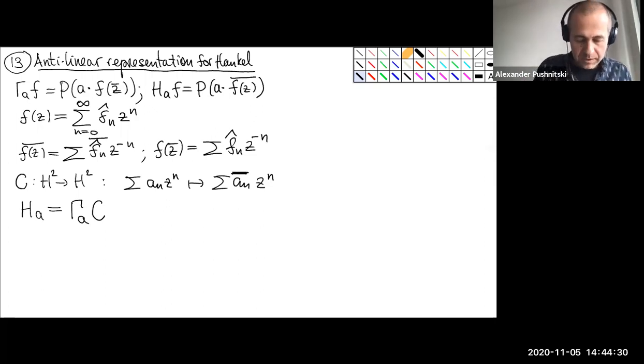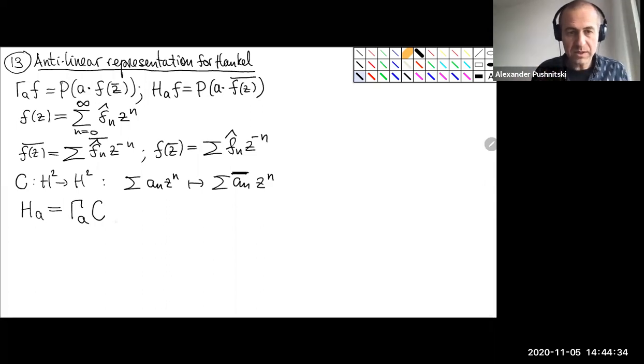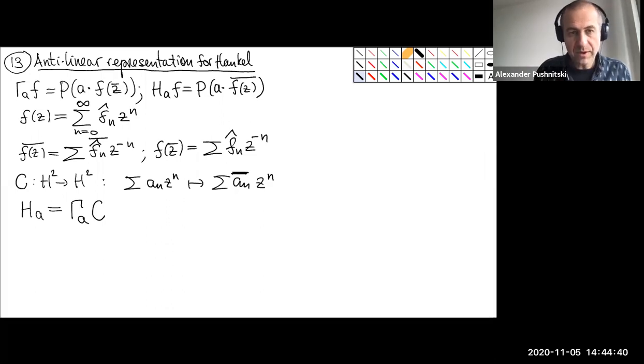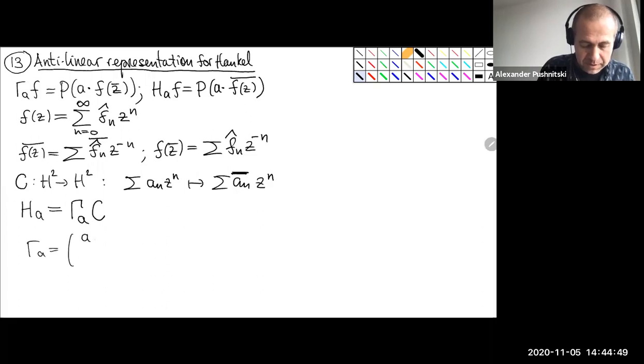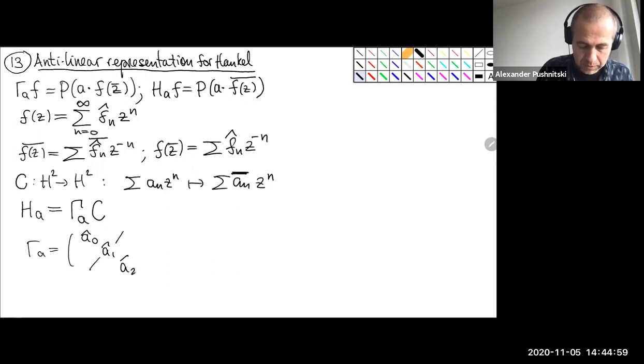Now it is easy to see. Now I will try to explain why it is convenient to use this antilinear representation. But first of all, notice the matrix of the Hankel operator, I should say this matrix. Remember, it is a0, a1, a2, and so on.